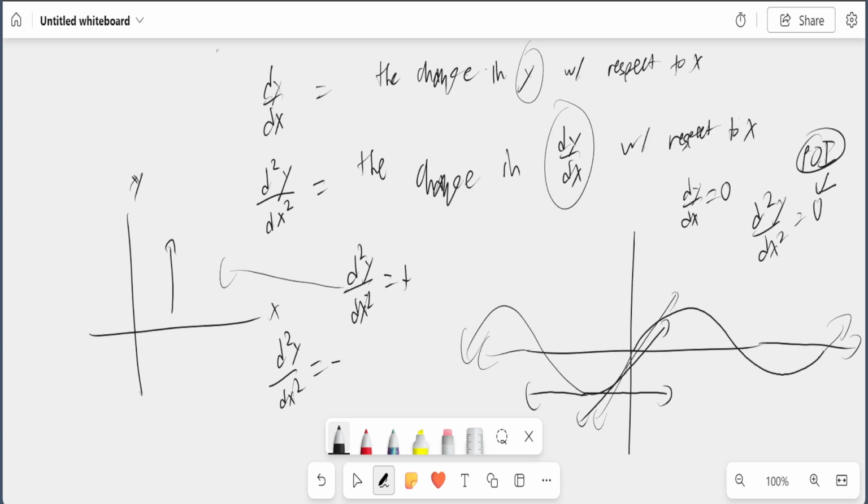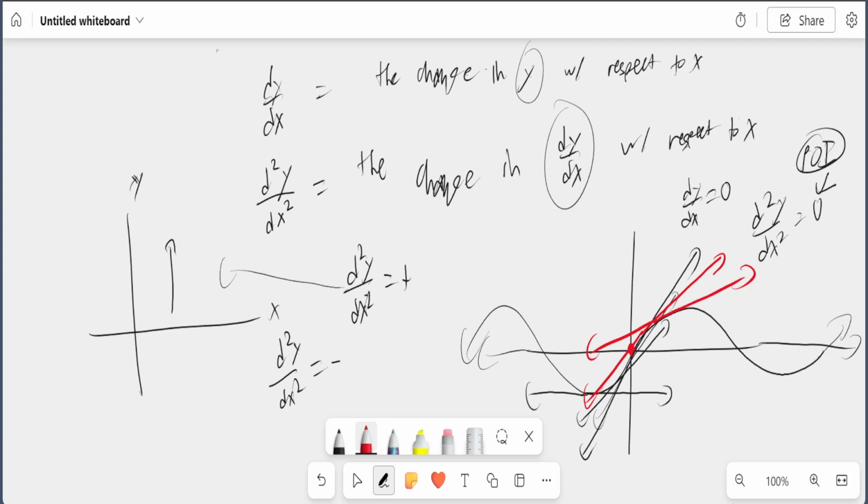So it's accelerating, our dy/dx. But once you hit this point, that's the maximum your dy/dx is ever going to get, and we can show that by finding that point of inflection. So it goes from accelerating to decelerating. That's the fastest your dy/dx is ever going to get. From then on, it's going to start slowing down.